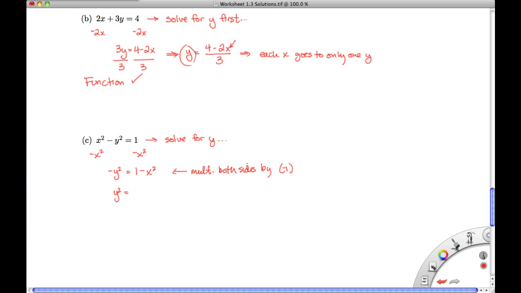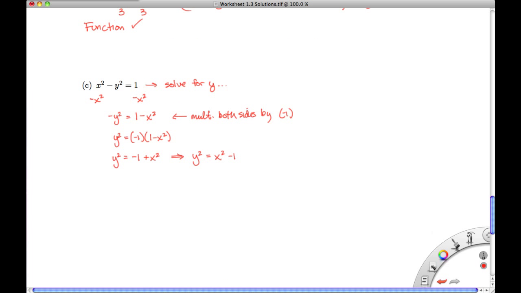And if I write -1 times (1 minus x squared), we distribute that negative to each of the terms, and we get y squared is equal to -1 plus x squared. And just to get this in a slightly more appealing order, we could write this as y squared is equal to x squared minus 1.